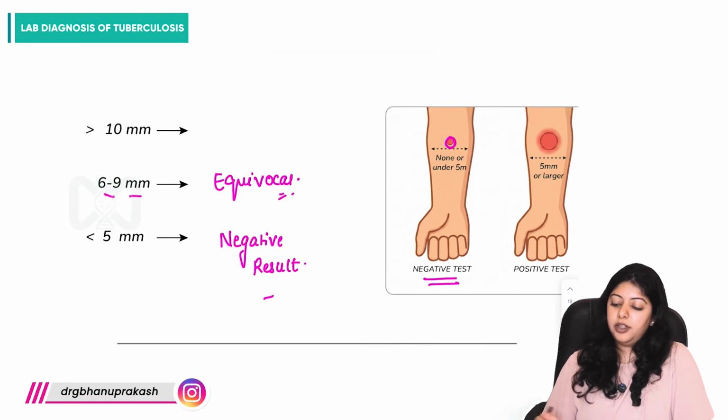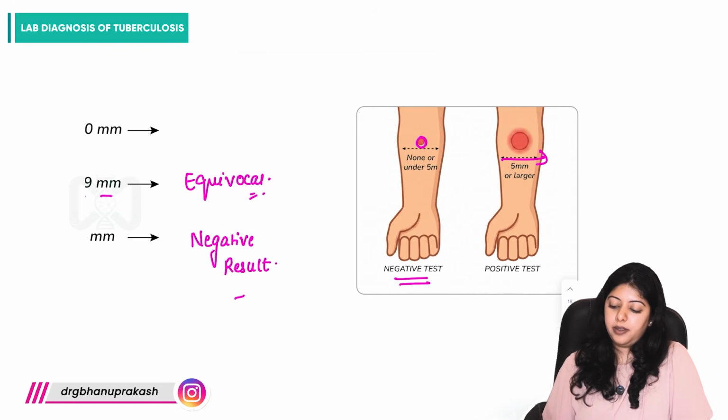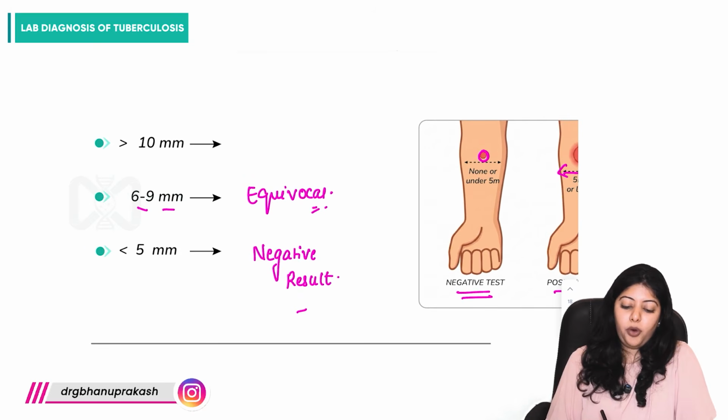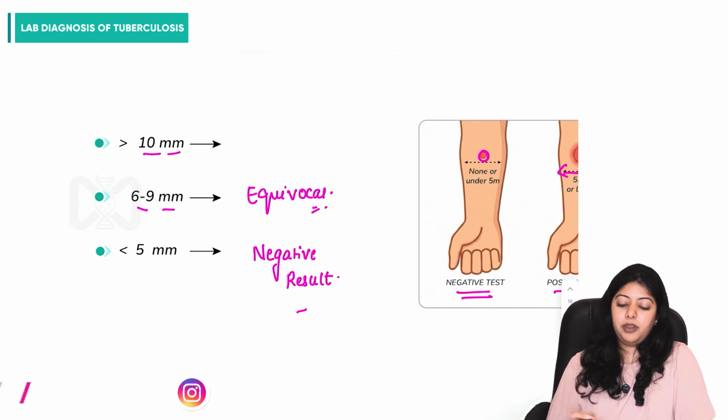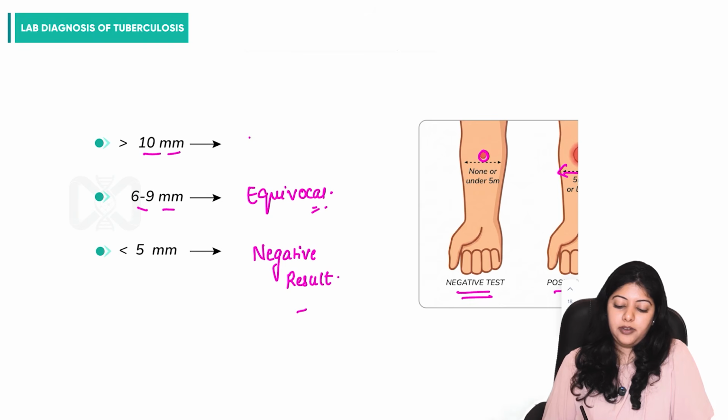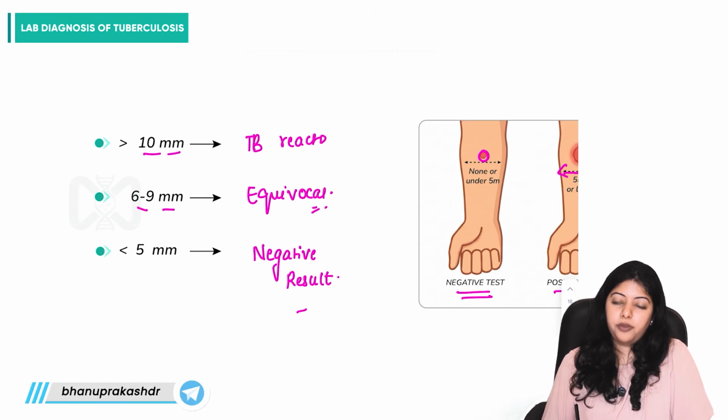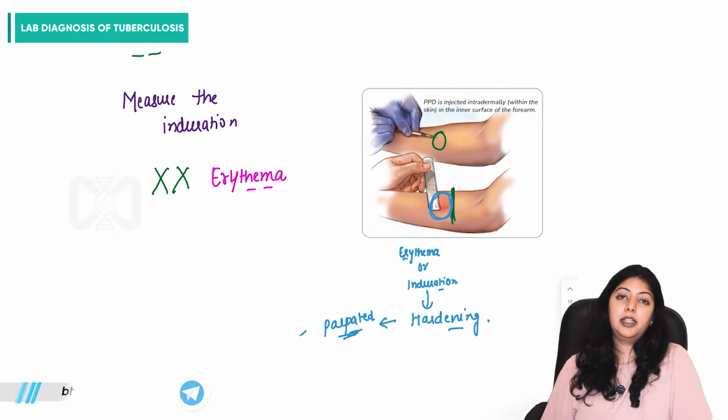And if this induration is more than 10 mm, then we consider it as reactor. TB reactors or positive. Right? So this is how we read and interpret the result.